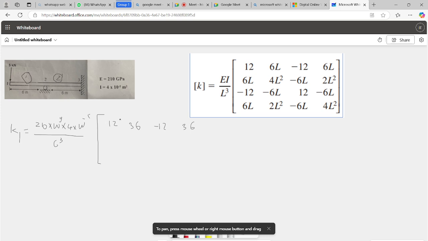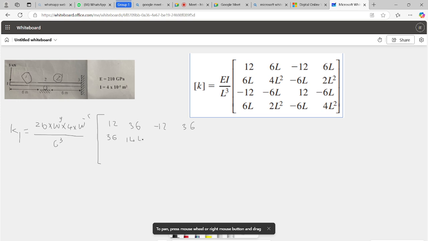We move down, 6L, 36. This one is 4L square. So you type 4 multiplied by 6 square. 6 square gives 36. 36 by 4 should give 144.